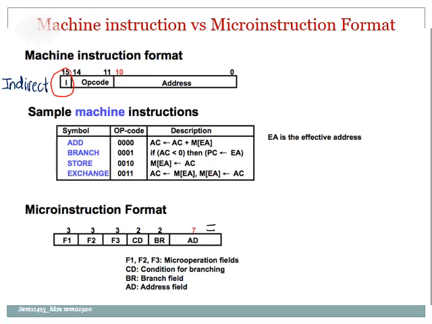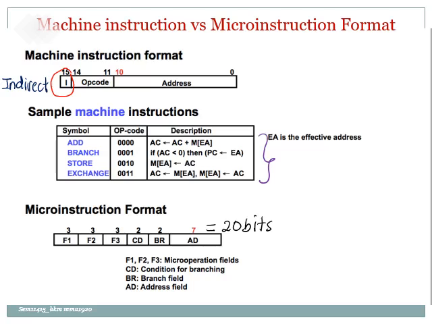The opcode is 4 bits here, and the address is 11 bits. These are some sample machine instructions: add, branch, store, exchange. You're okay with that, right?